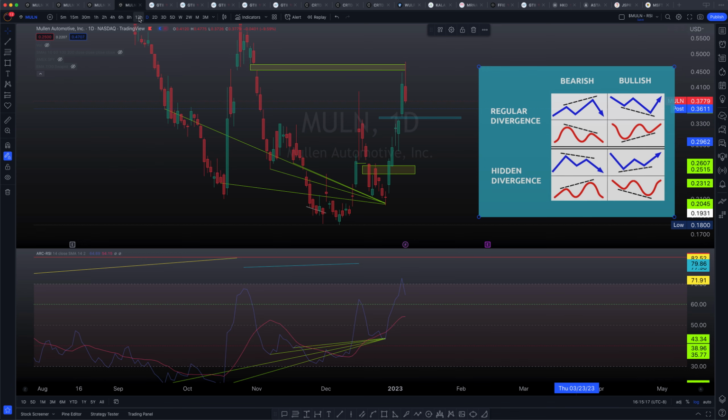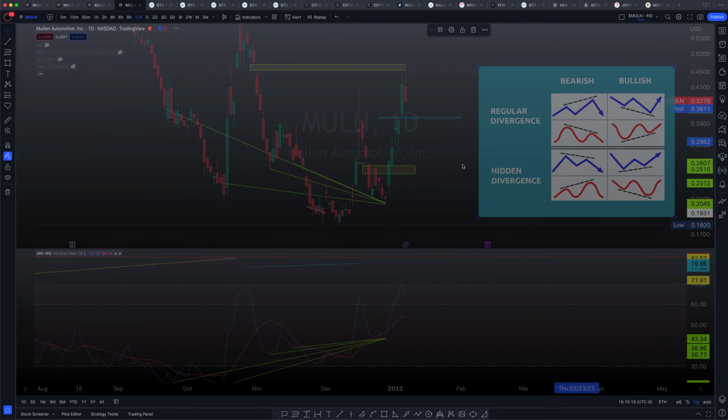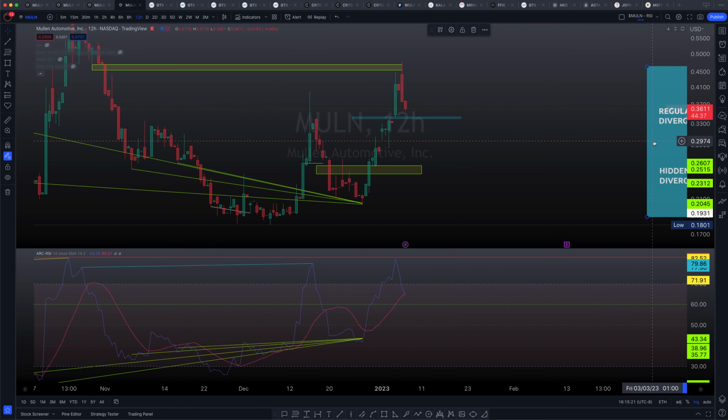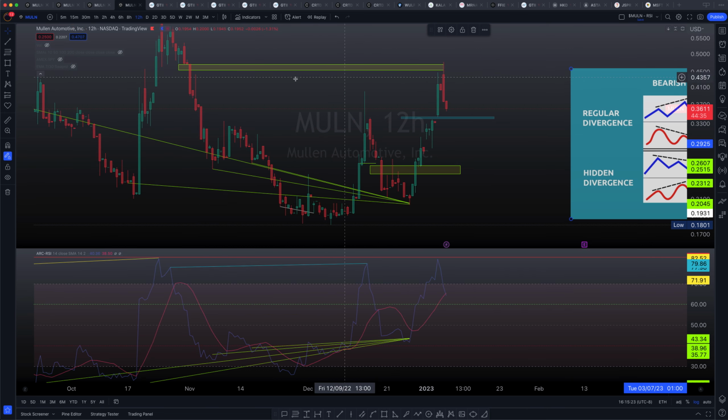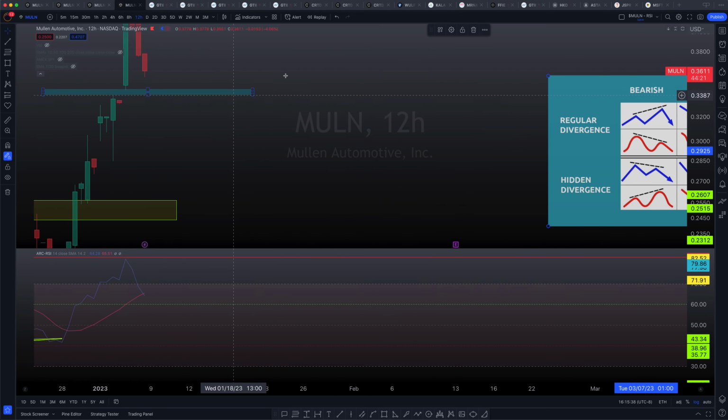So anyway, let's just go ahead and move down the line right here, because there are some things to touch on. So yesterday, we talked about potentially reaching this range here, followed by a sell-off, and it did happen just as expected. So I want you guys to know that there is a tiny little gap down here that we actually didn't see yesterday.